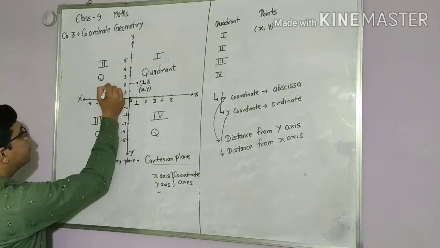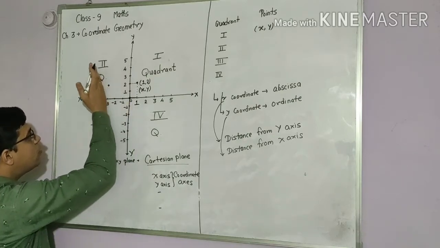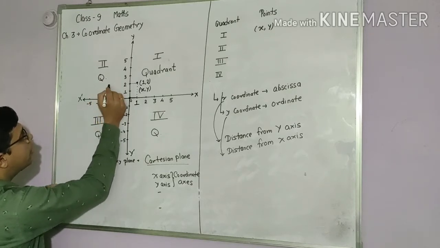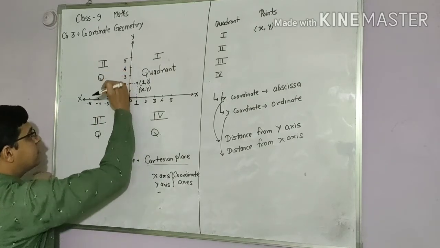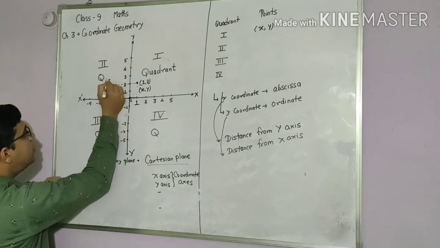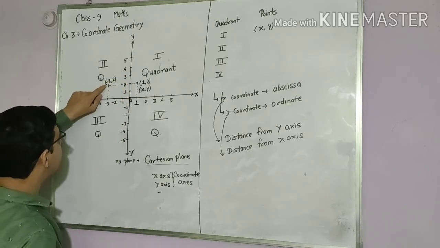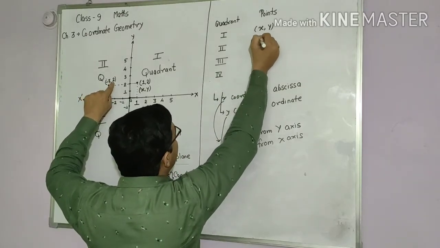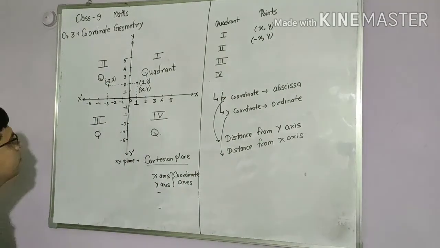Suppose I am taking this point here, which is at a distance of 3 units on the left side of y-axis and at a distance of 2 units from x-axis. So its coordinate will be (-3, 2). That is, x coordinate is negative and y coordinate is positive. So in second quadrant, x is negative but y is positive.